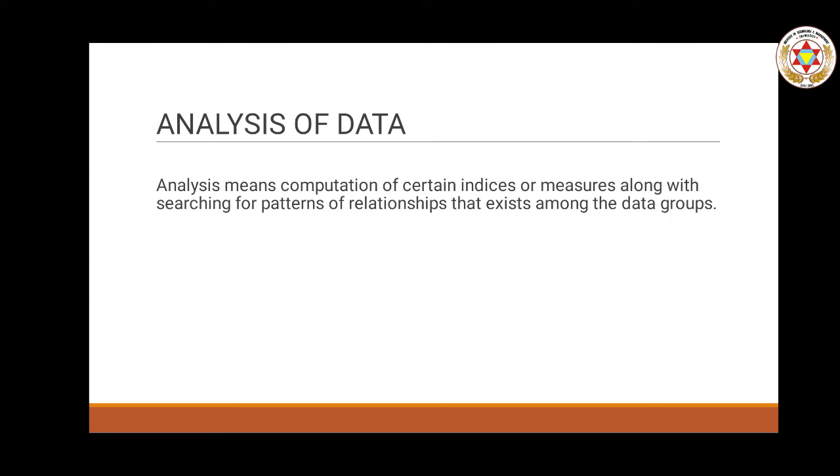The term analysis refers to the computation of certain measures, which we then analyze to find out relationships or differences in the data. So after analysis, we can come to a conclusion about what information the data is giving us.